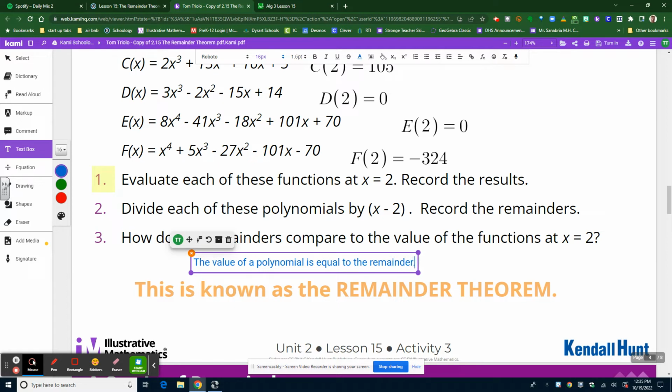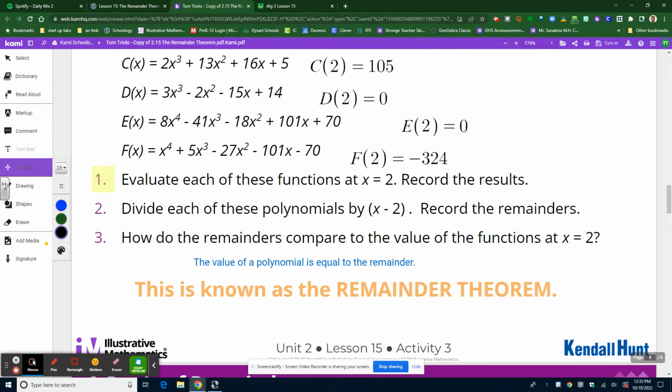Okay, so more explicitly, we use some symbols here. Okay, P of x is equal to the remainder. Okay, so that's it.